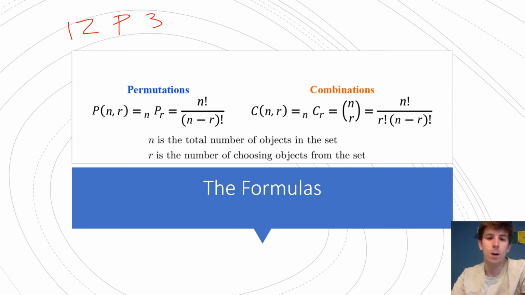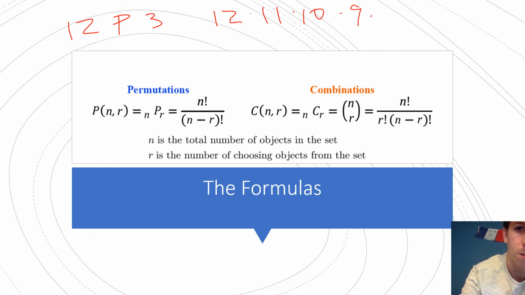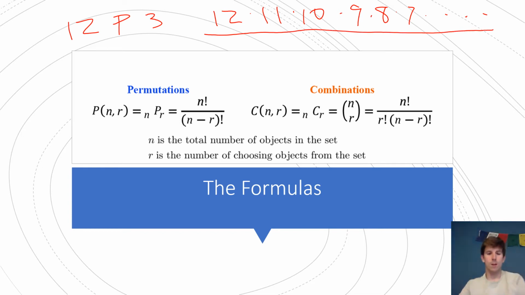And what we would do for that permutation is 12 factorial, 12 times 11 times 10, etc., divided by the n minus r factorial. So that would be 12 minus 3, which is 9 factorial.